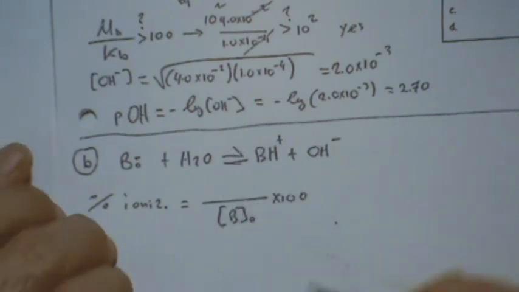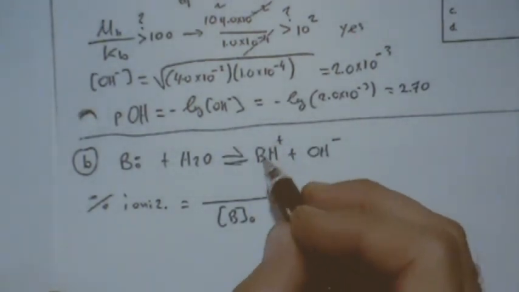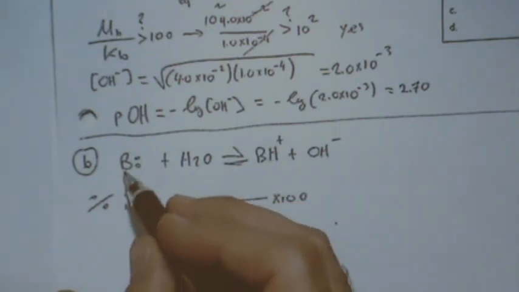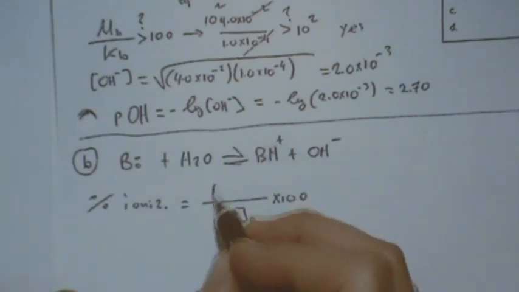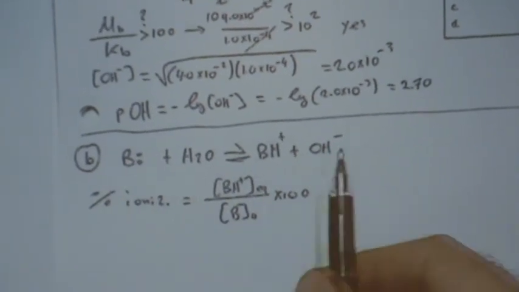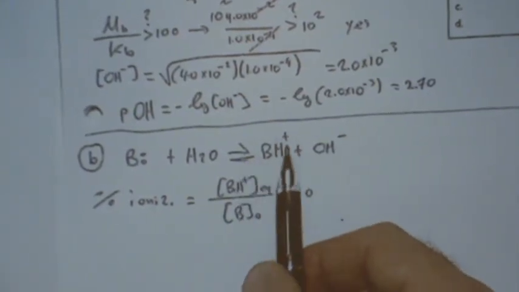So it should be something smaller than the original B. The numerator is basically how much of the base reacted. One gives you one, so the amount that reacted is equal to the concentration of this product. You agree with that? Percent ionization is how much ionized divided by how much we put in. The amount that ionized and reacted is equal to the concentration of this, because one reacts with one.